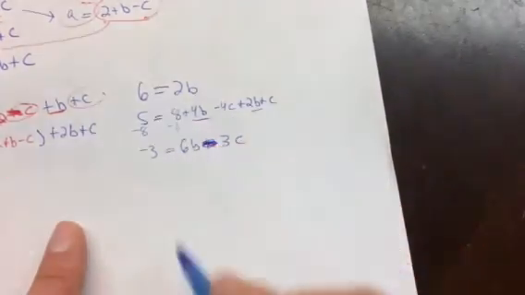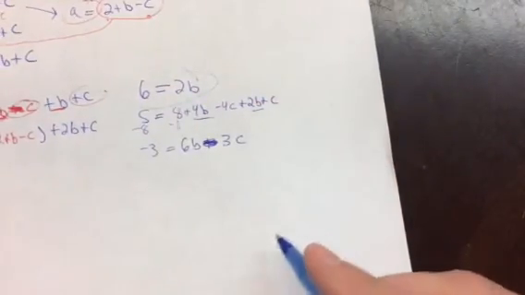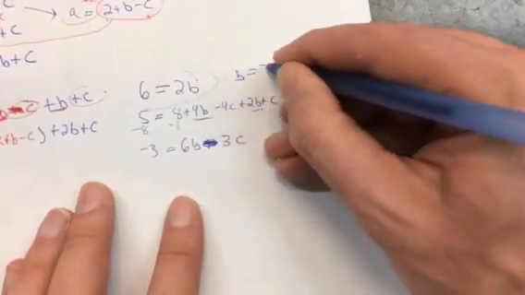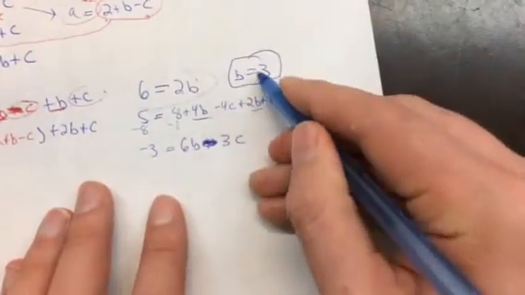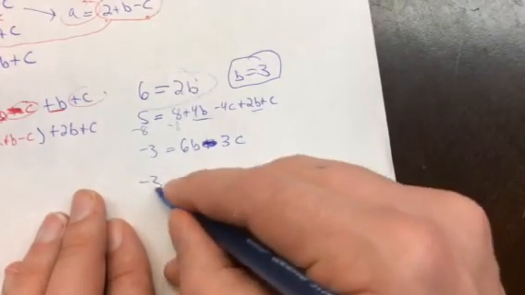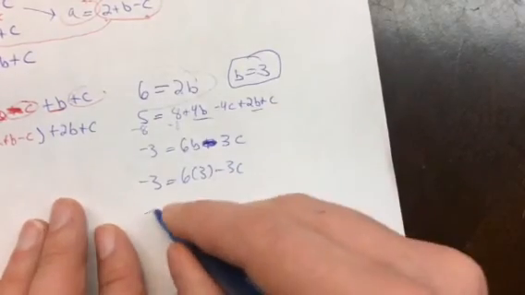Notice I don't even really need to do a technique here because there's an equation with just one variable in it. So what I'm going to do is I'm just going to solve for b. Divide by 2 on both sides. b is 3. Now that I know what b is, I'm going to go here to find what c is. Negative 3 equals 6 times 3 minus 3c.